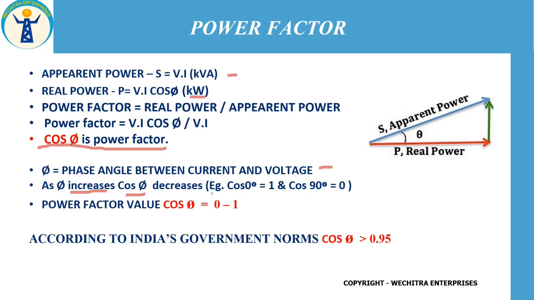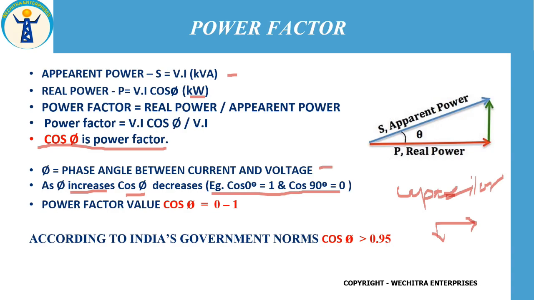So for this reason only, we use a capacitor bank. Because we have seen in our previous slide that for an inductive load, your current is lagging behind the voltage, and in factories we mostly have inductive loads.